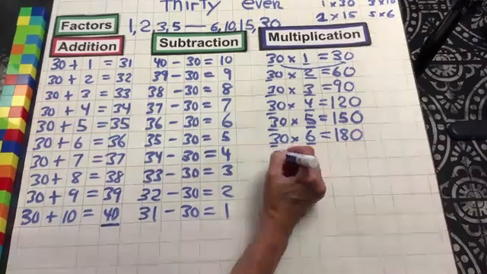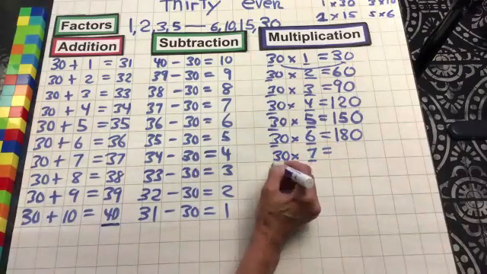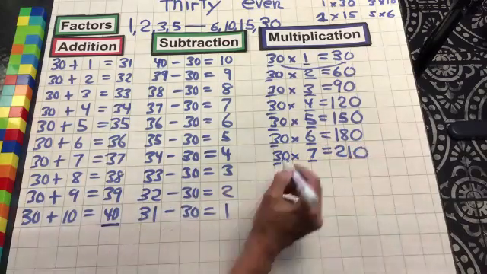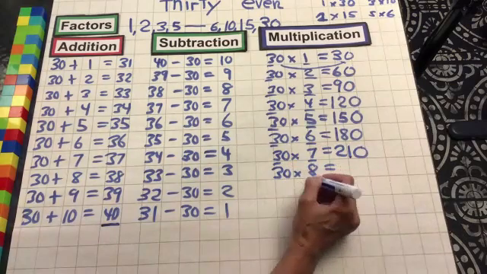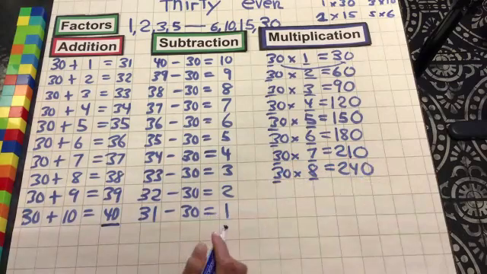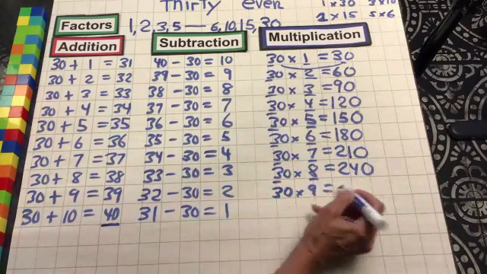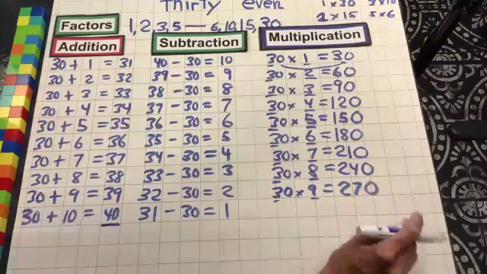Just those basic facts. 30 times 7 equals 7 times 3 is 21 with a 0. 30 times 8 equals 8 times 3 is 24 with a 0. And then 30 times 9 equals 9 times 3 is 27 with a 0.